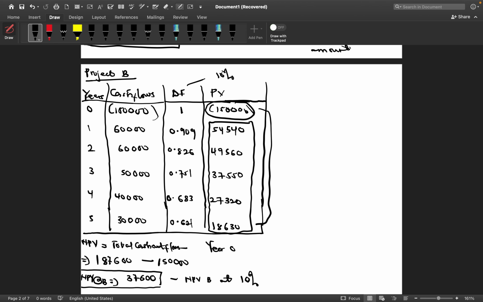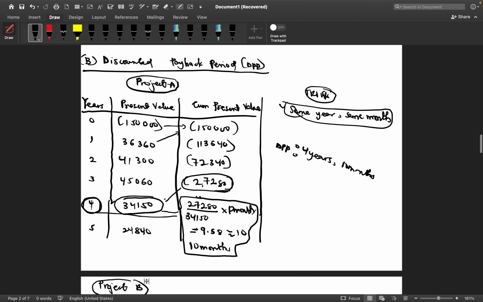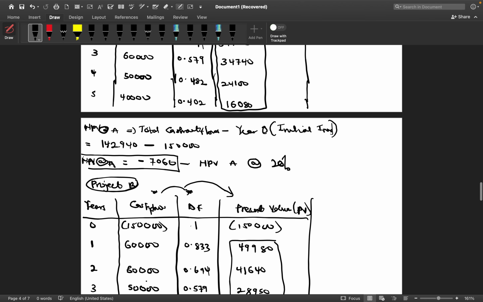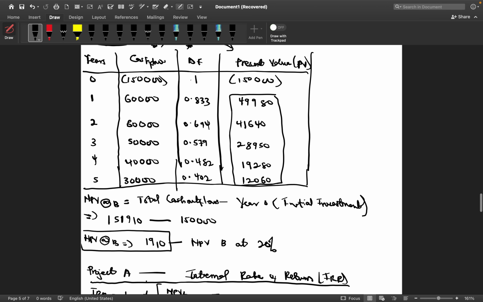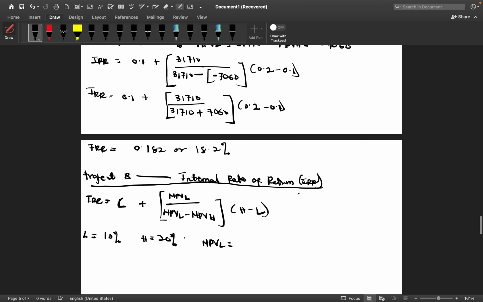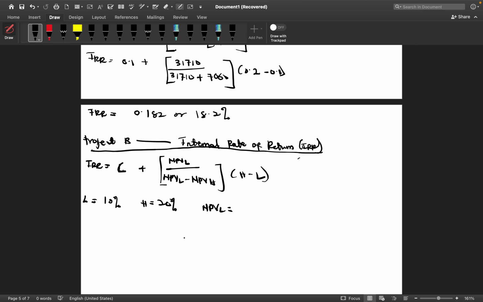Project B, this is it. So now I've written it. So let's go to NPV H, 20% for project B. There's the 20% for project B. So we'll come and put it there.